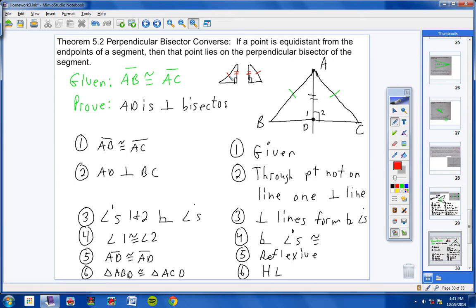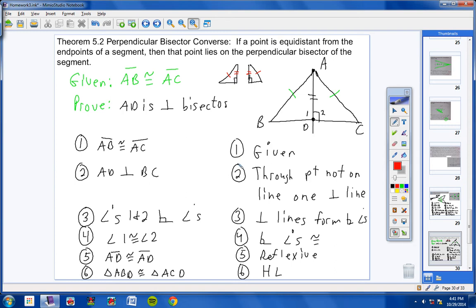So there it is. I have the hypotenuse of one right triangle congruent to the hypotenuse of the other right triangle. I have a leg here congruent to the other leg. So the two triangles are congruent.